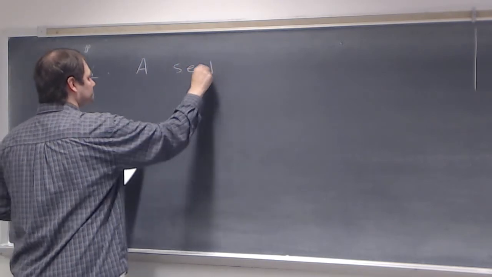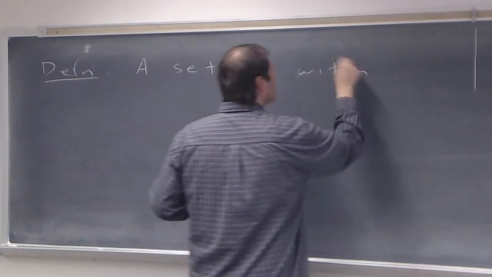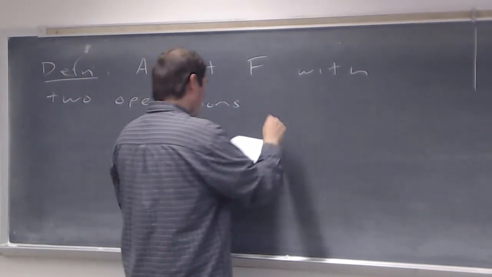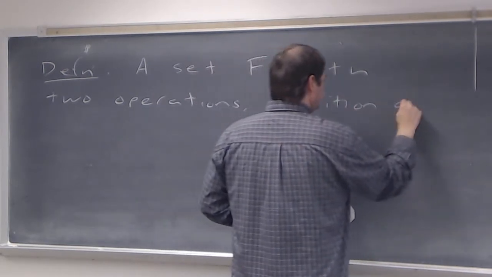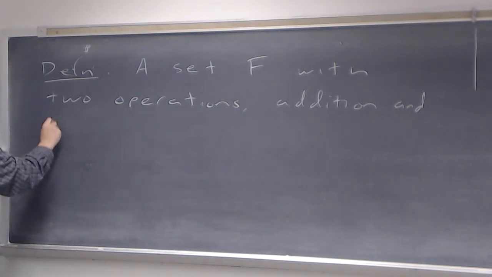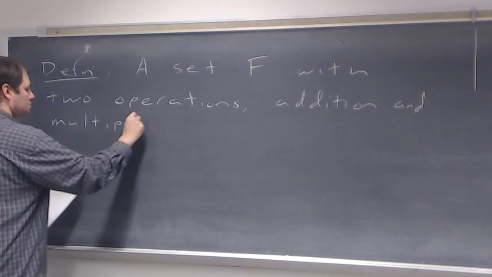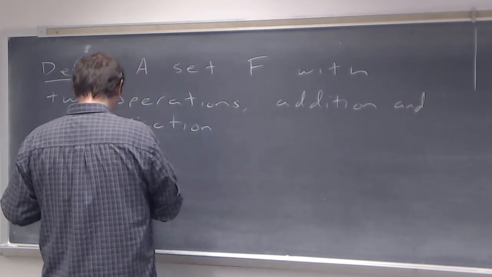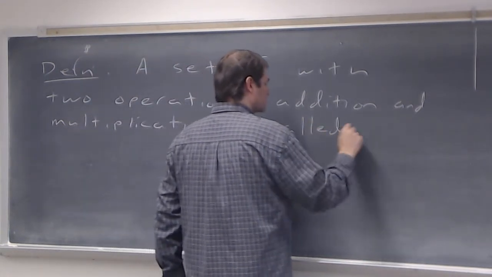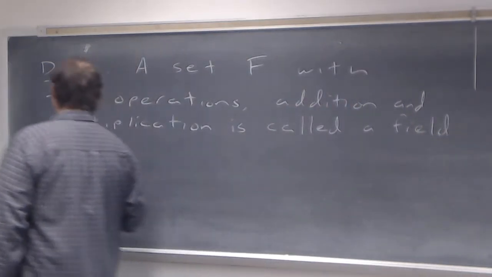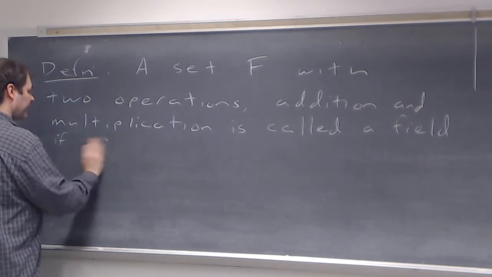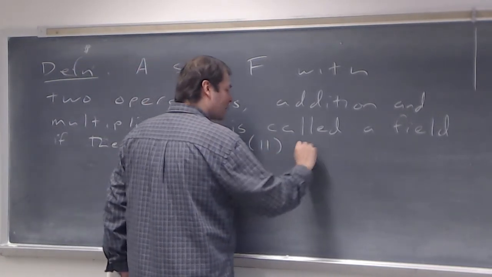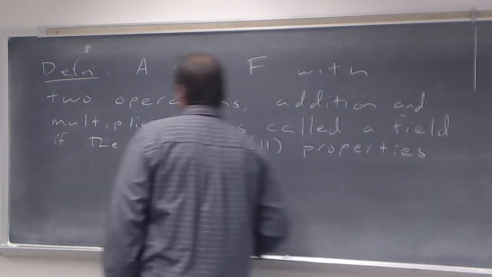A set, we call it F, with two operations, addition and multiplication, is called a field if the following 11 properties are satisfied.